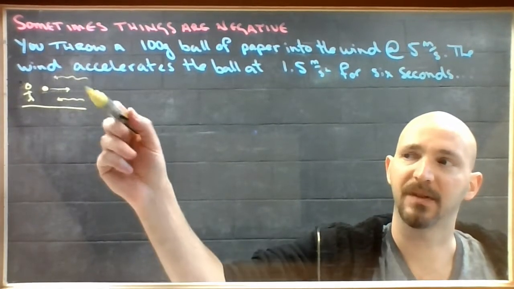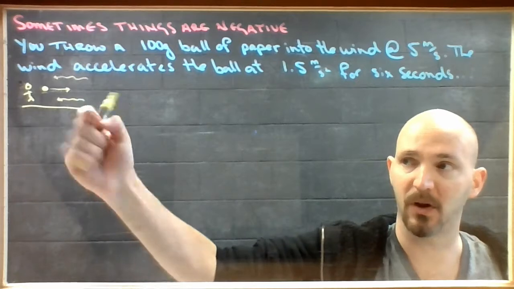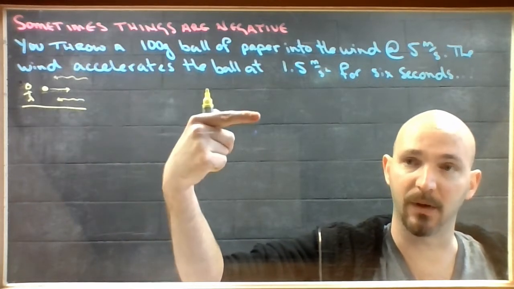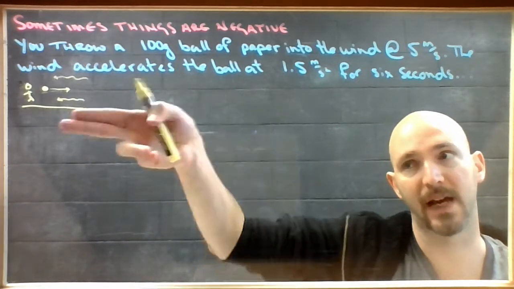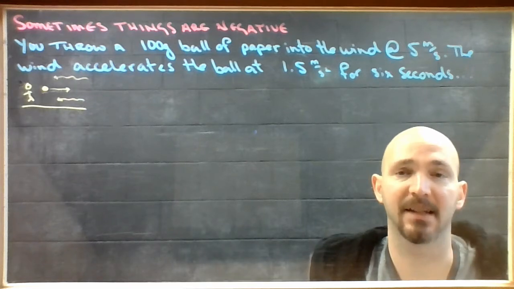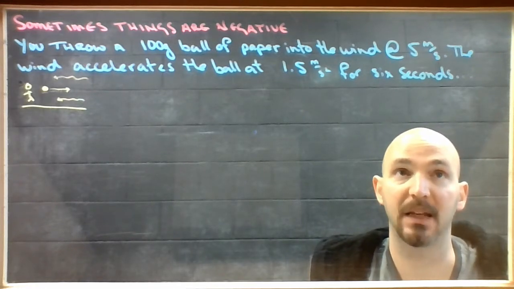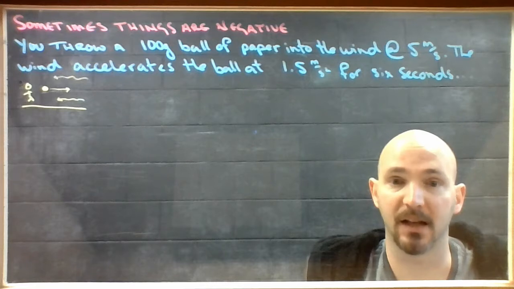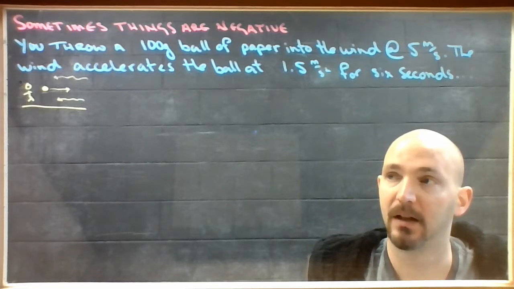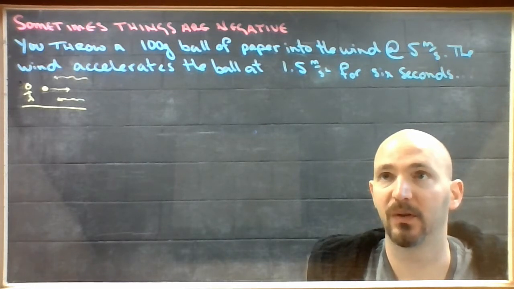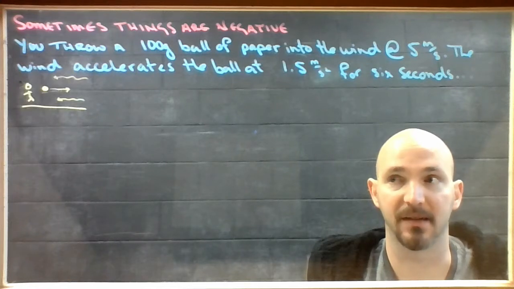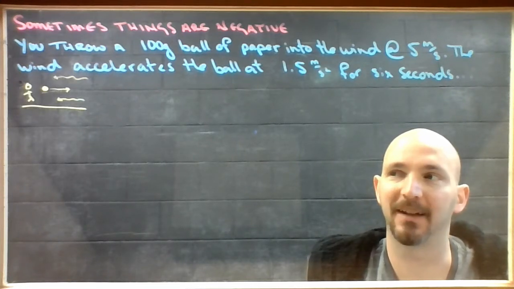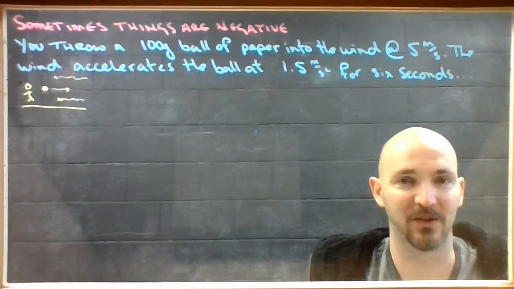So I have some opposing directions here. The ball's initial speed is heading that way, and the wind is going that way. So one of these things has to be negative. Either the initial speed or the acceleration has to be negative. I'm just going to choose to make the initial speed positive for no reason other than I happen to have drawn it headed to the right.